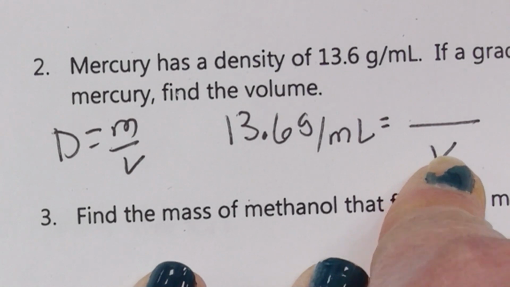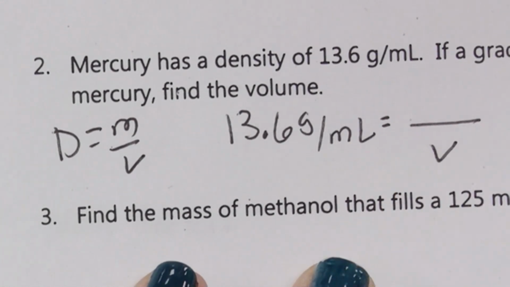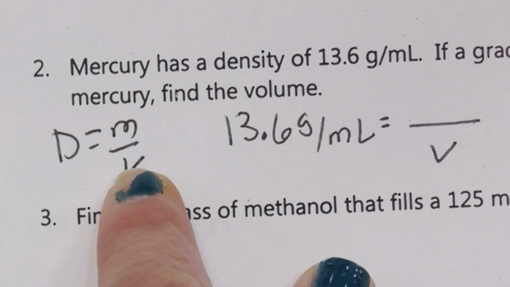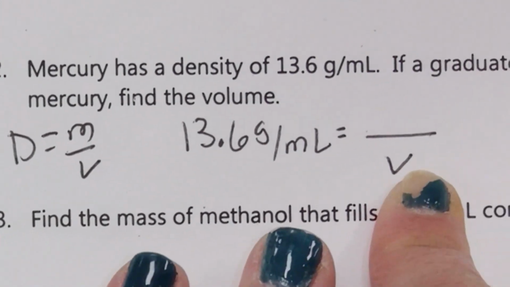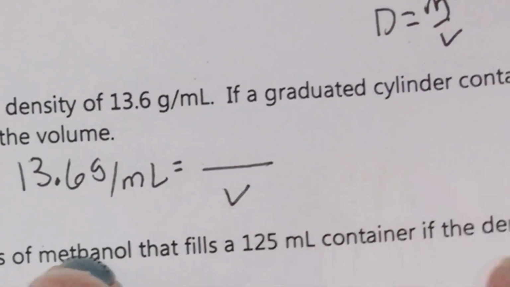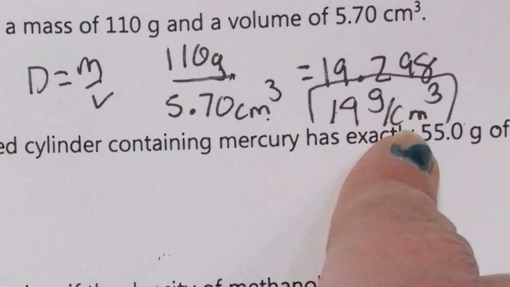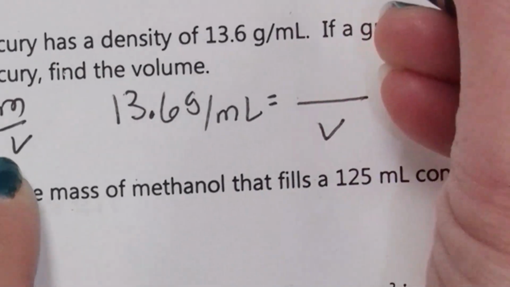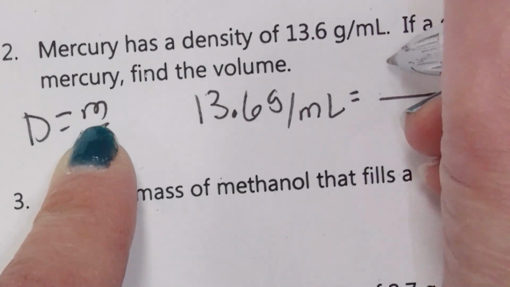We're not going to just use a symbol X like we would in math. We're going to define what is X. X is the volume, so we're going to write V for volume. And my problem tells me that I have 55 grams, so I'm going to put 55 grams in for the mass.